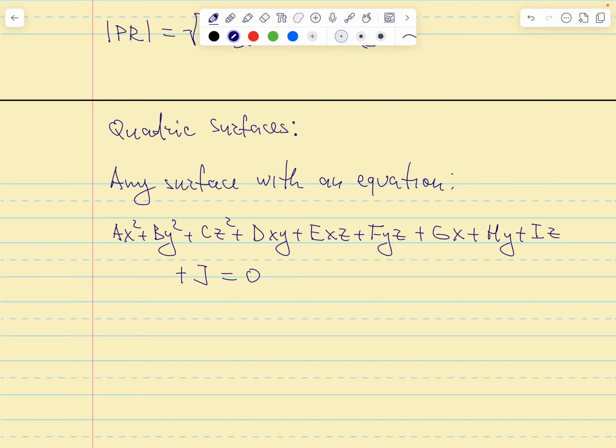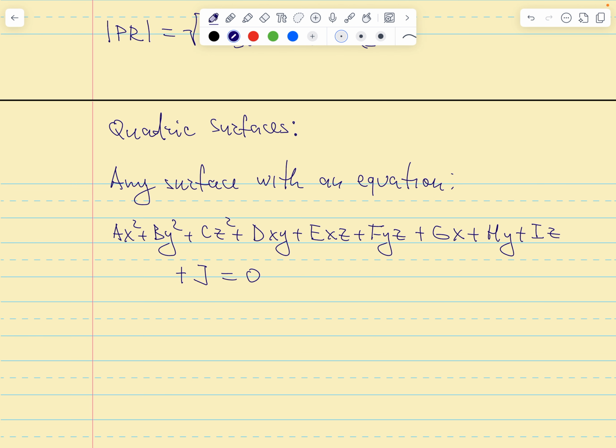So any surface of this kind is going to be a quadric surface. It has to be true that one of A, B, C, D, E, F would be not 0, because if all of the quadratic terms are going to be 0, then what is left is the equation of a plane, right? gx plus hy plus iz plus j equal to 0.